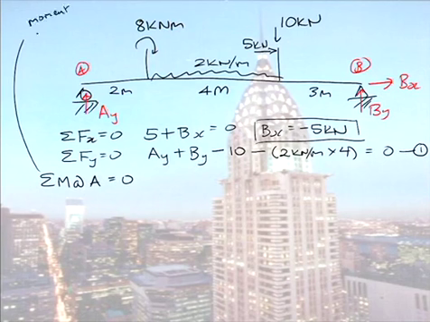It can exist as a force times the perpendicular distance. So, if you cannot trace your force back to the point it causes a moment. What I mean by that is I have a 10 kilonewton here. I can't trace it directly back to A.